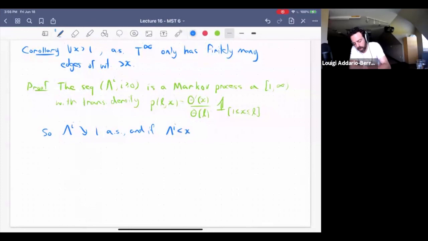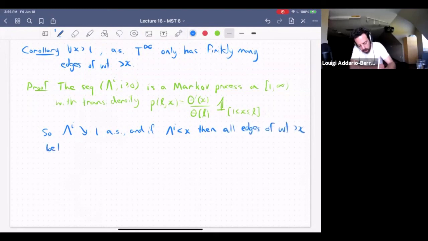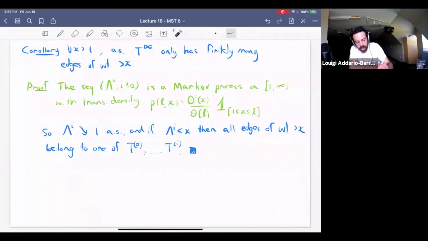Which means that all edges of weight greater than x have to belong to one of T naught up to T i. And these trees are all finite, they're those initial ponds, and so that tells me that I'll only have finitely many edges of weight greater than x.